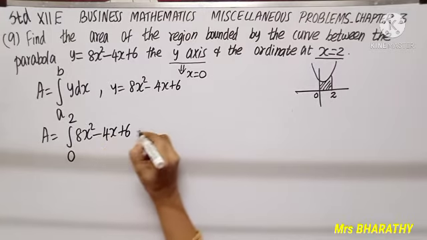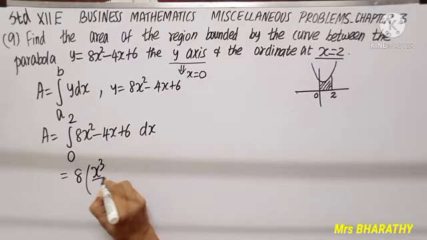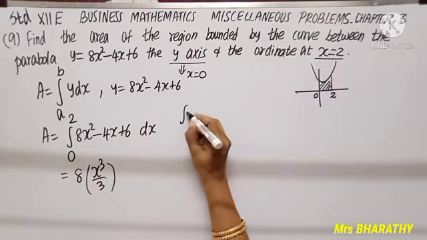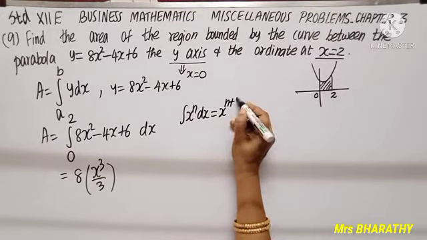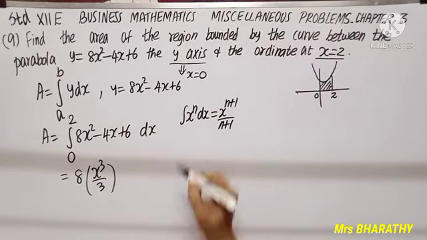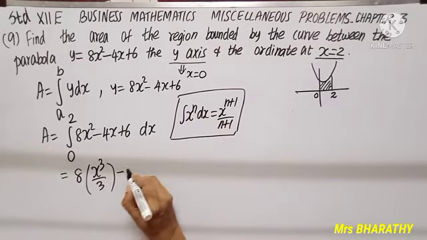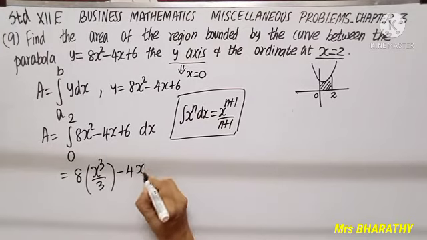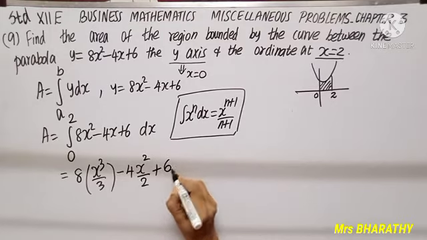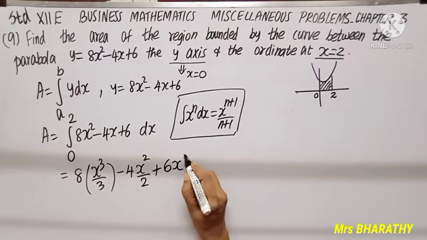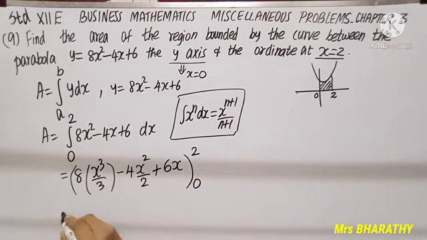As I integrate, 8x square becomes 8x cube by 3. Recall the formula, integral x power n dx is x power n plus 1 by n plus 1. Just applying the formula, minus 4x becomes minus 4x square by 2. 6 being constant will become 6 into x. Between the limits 0 and 2.